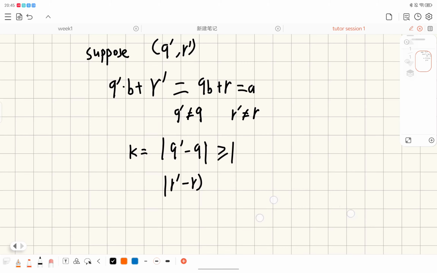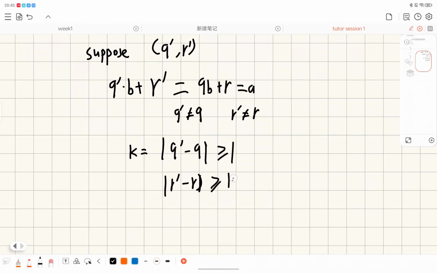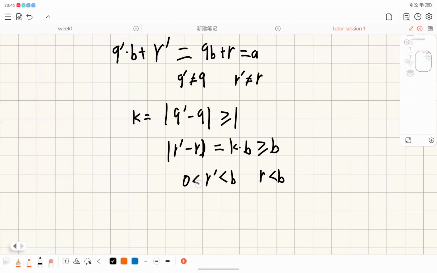R prime minus R equals K times B, which is larger than or equal to B. But here is the tricky thing: both R prime and R are smaller than B. Both R prime and R should be larger than or equal to 0 and smaller than B, because they are natural numbers, of course.